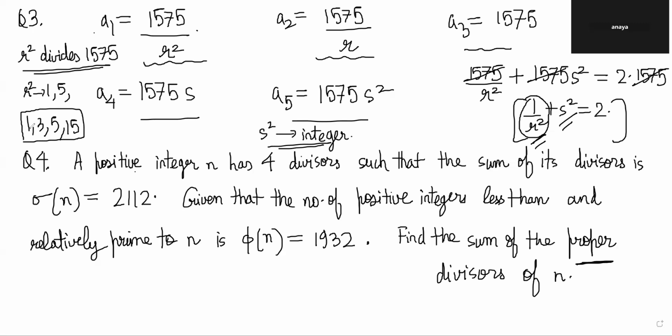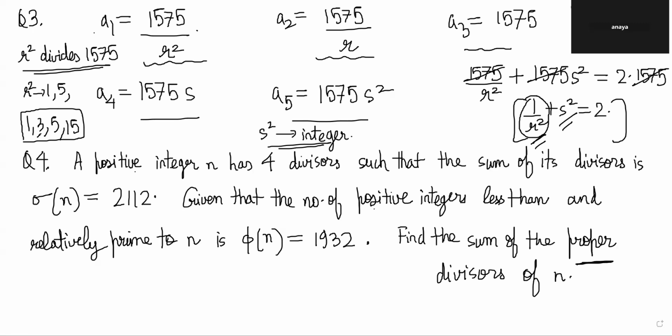So 1 obviously works because then S square is also 1. So you get R square equal to S square equal to 1. 3, if you try, you will get 1 by 3. It is not going to work. 5, if you try, so R square is 5, so 1 by 5. That also doesn't seem to work.